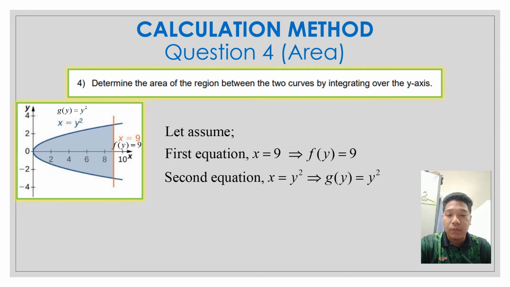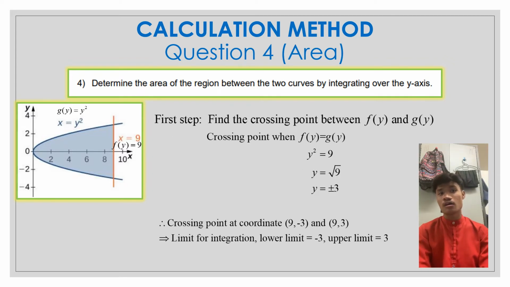Let's assume the first equation is x equals 9, which we can call f(y) equals 9, and the second equation is x equals y squared, which we call g(y) equals y squared.